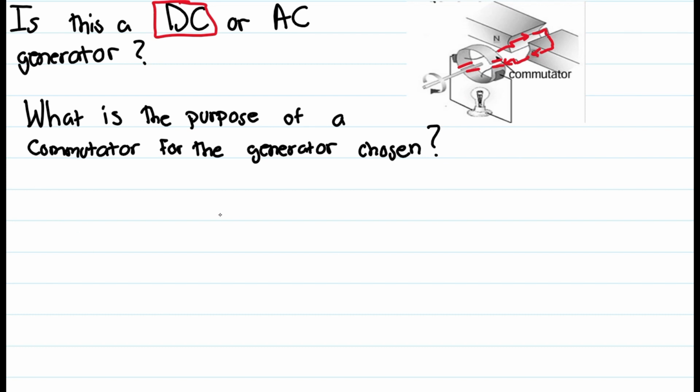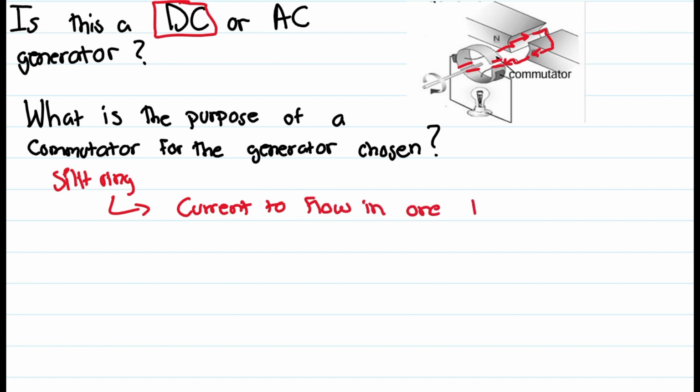So the purpose of this commutator or split ring is to allow current to flow in one direction.